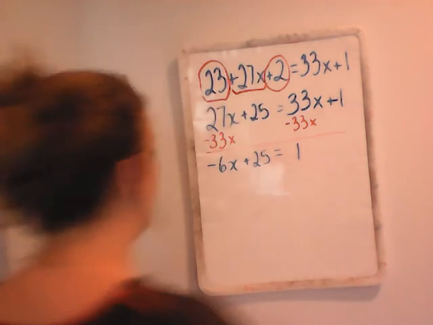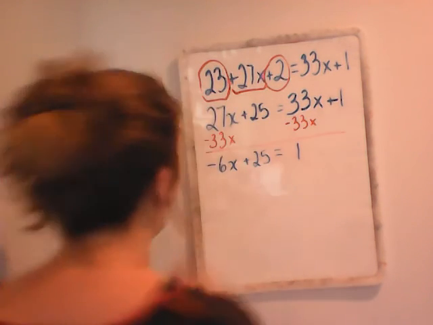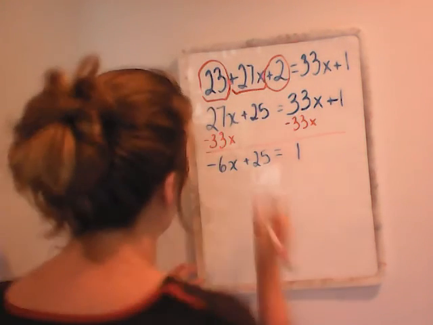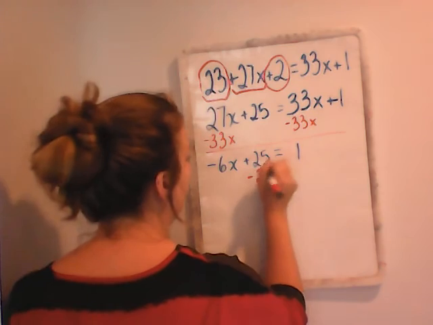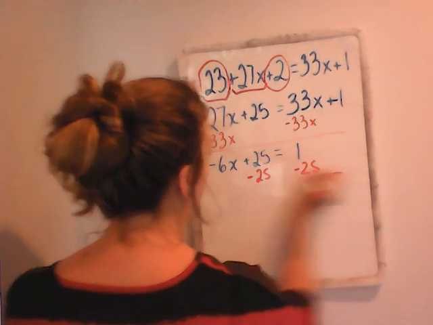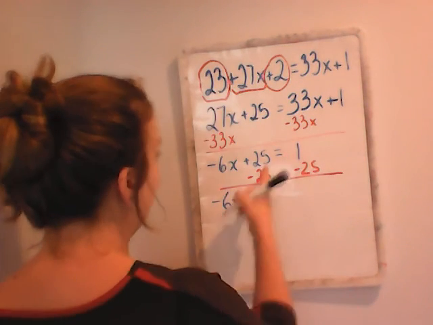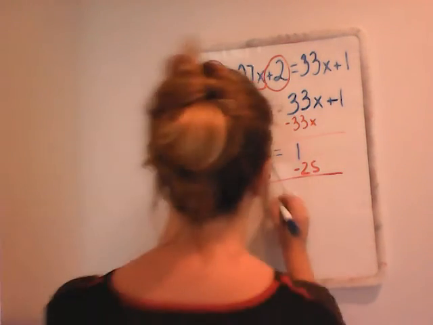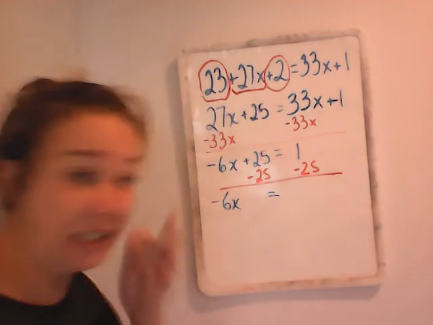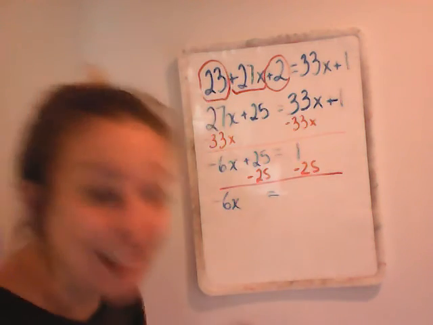Now that I have my variable terms to the left, I'm going to get my constant terms to the right. I'm going to subtract 25, where I'll have a negative 6x. 25 minus 25 is nothing. 1 minus 25 is negative 24.